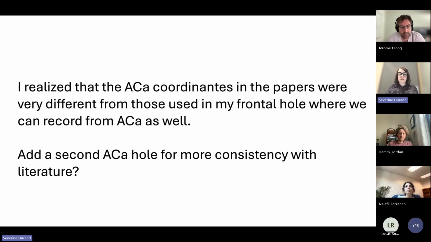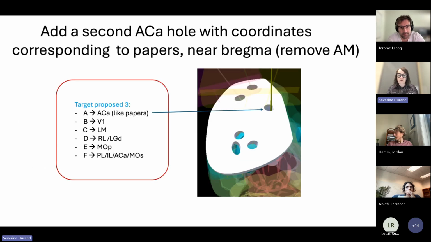Now, I also realized from the papers that the coordinates I used for this frontal hole and ACA are very different from the coordinates in the papers. So I added another hole here with the coordinates from the paper to target ACA also. So basically, with probe A we would have ACA.